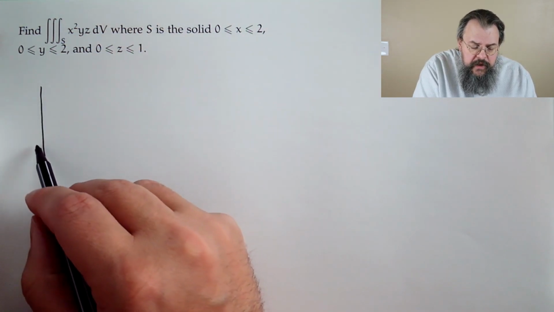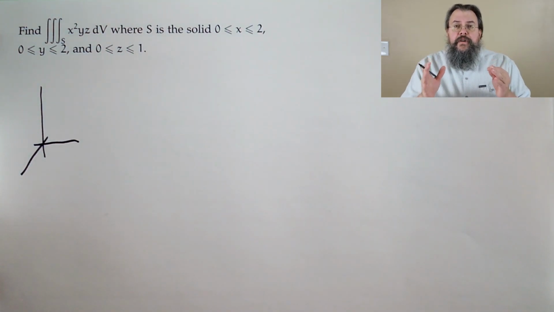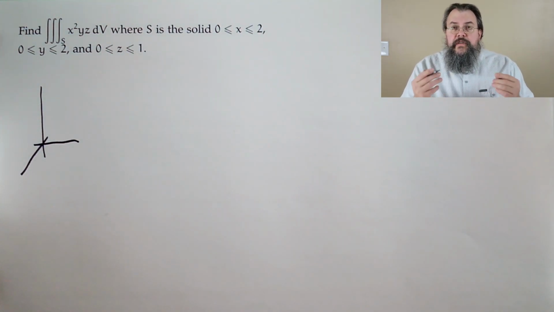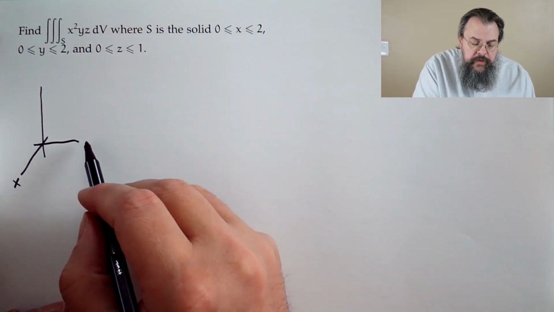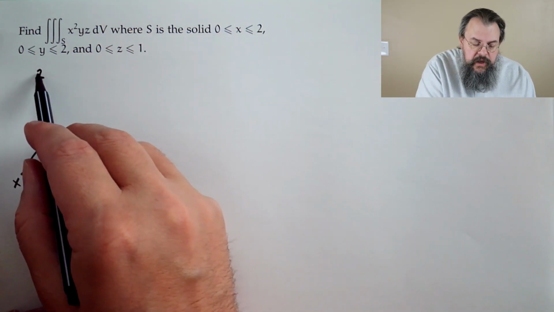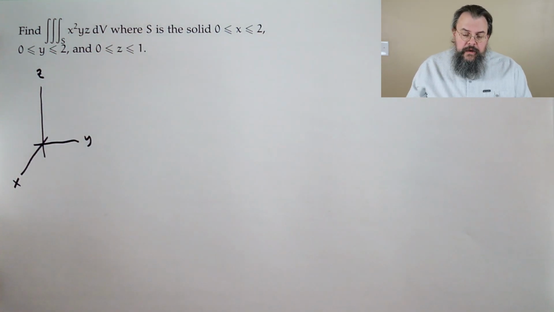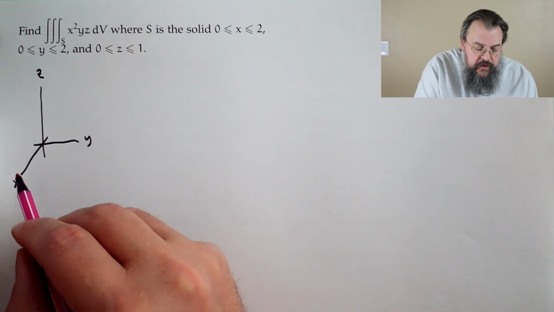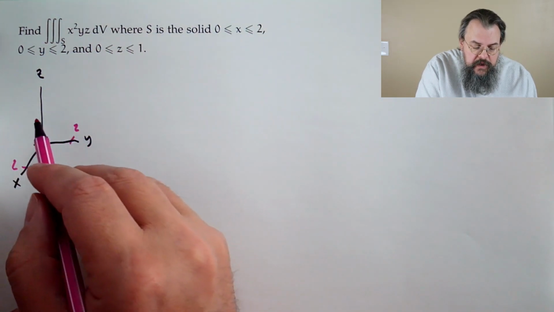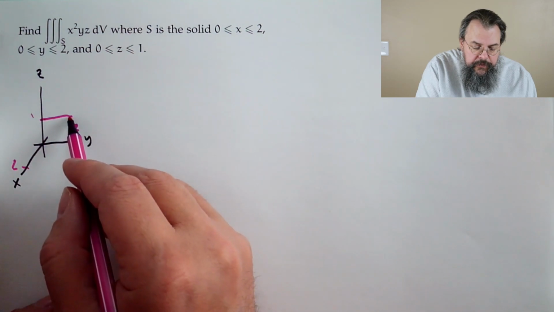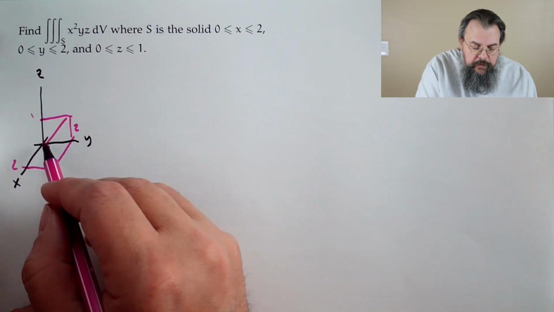We have x going between two numbers, and y goes between two numbers, and z goes between two numbers. So in terms of the shape, this is a really elegant thing. It's a box where x goes 0 to 2, y goes 0 to 2, and z goes 0 to 1. So there we have it, our box.